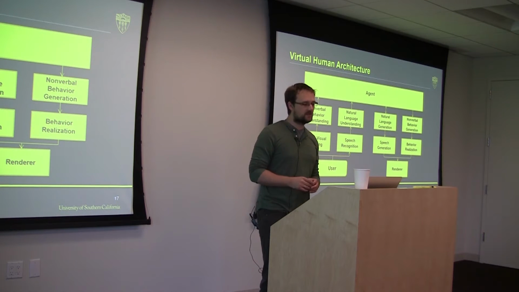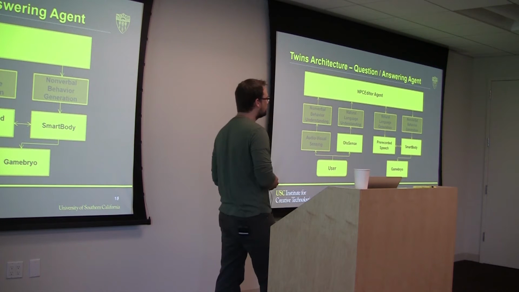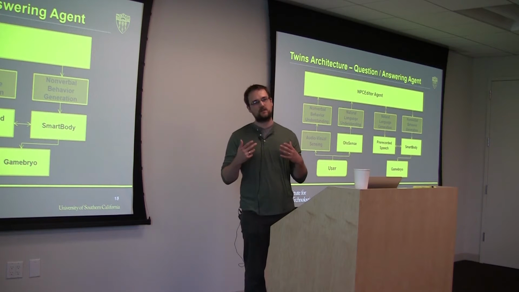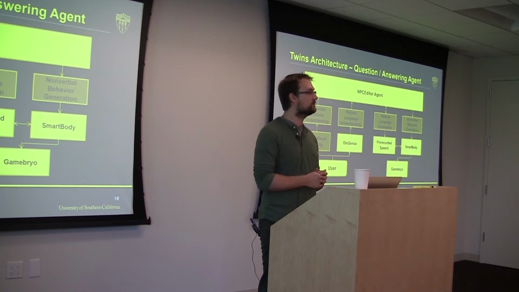But for a specific system, you can now look at specific architectures and technologies that instantiate these different capabilities. So here we have a system. This was in the Boston Museum of Science. It's a question answering system. A visitor could walk up to the virtual museum guides, ask a question, and the characters would respond back to you.